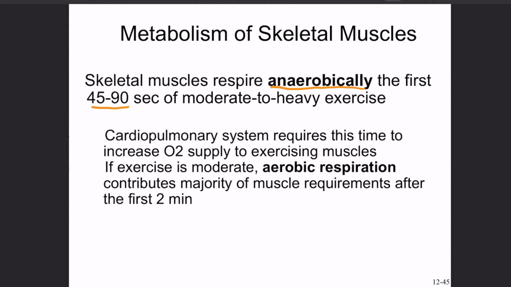And so this is why high intensity interval training, or CrossFit, they're able to do these really punchy movements that are short because of this anaerobic respiration. After these 45 to 90 seconds, you kind of turn on your aerobic respiration activation here to produce ATP, to have more endurance within your activities.